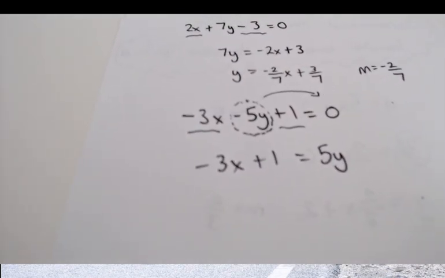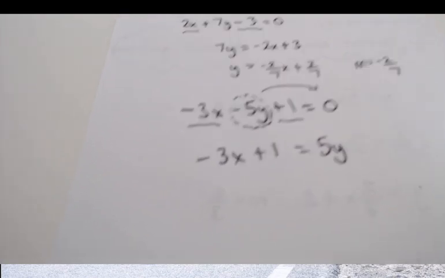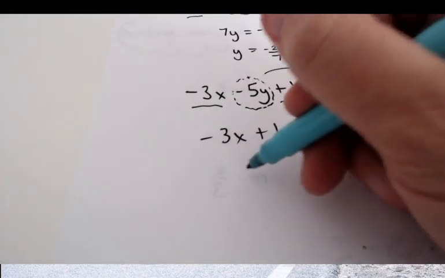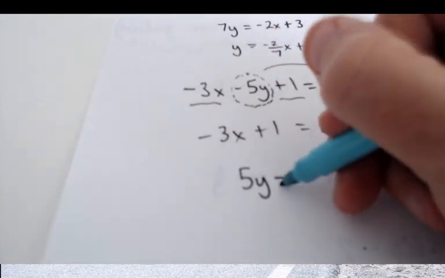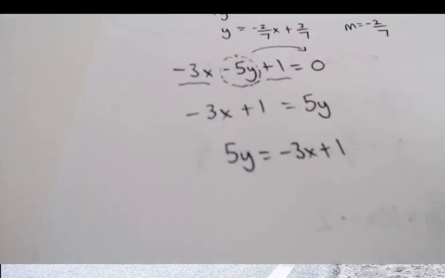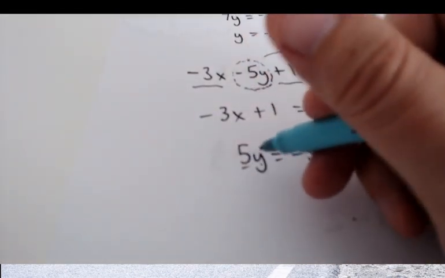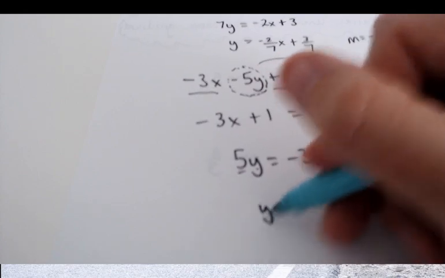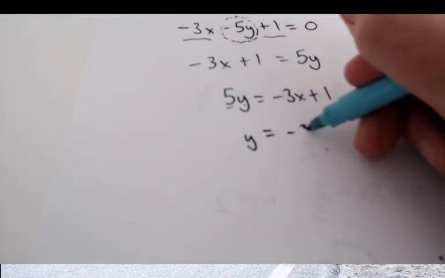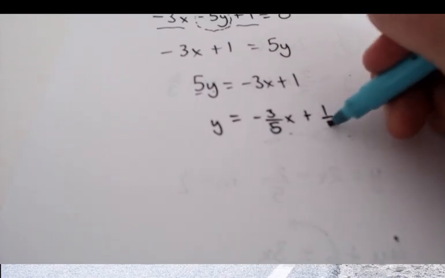Now, I don't think many of you will like working with the y over on the right hand side, so all I'm going to do now is just switch these around. Voila. Okay, get the y by itself, get rid of the 5, it's multiplying, take it to the other side, it's going to be dividing. y will equal minus 3 over 5x, add 1 over 5.